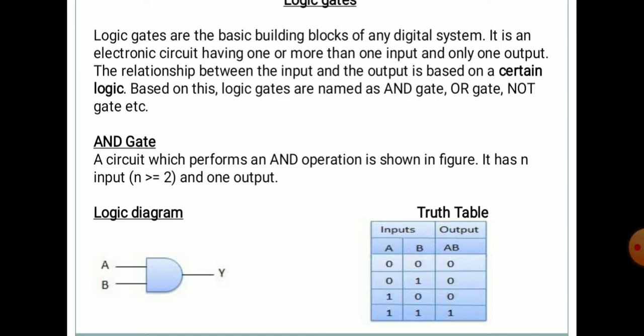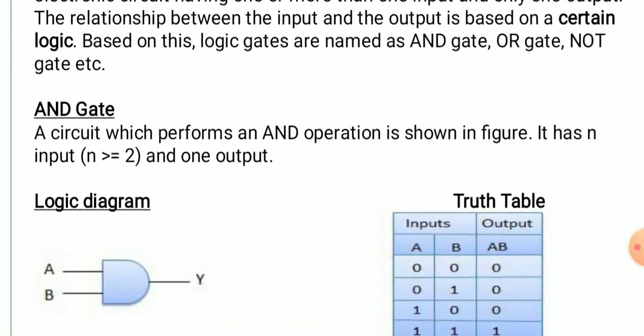For any number of input values greater than or equal to 2, we may have only one output. It is shown in the logic diagram. Here two input values A and B are given, and we get the output Y from the two input values A and B. The output is a single output Y.